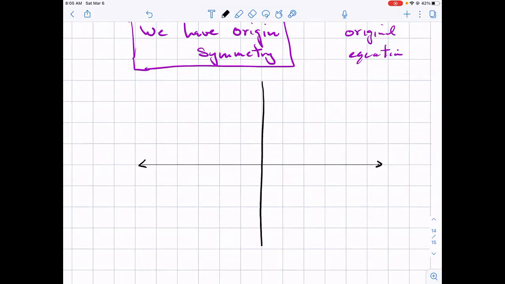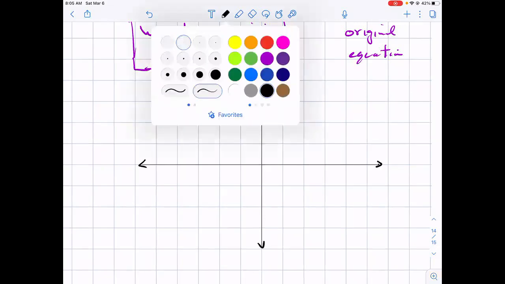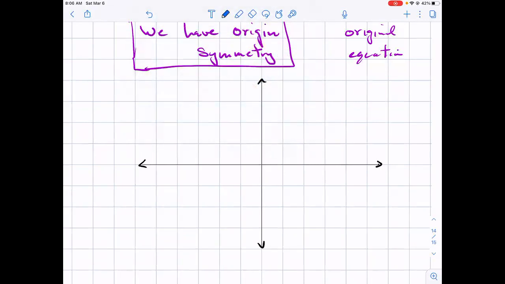So if you graph just one part of it, let's say this part here, we will see that if this is the point, let's say 1, 2, then on the other side of the graph, this point here will be minus 1, minus 2.